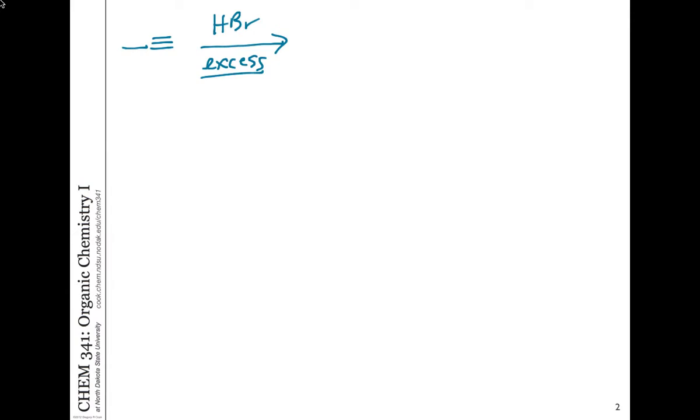Well, if you carefully control it, the first equivalent will do addition of H and Br across one of the pi bonds. If you have more than one equivalent, that second equivalent will go further. Notice the regiochemistry is Markovnikov selectivity, just like it is with double bonds.